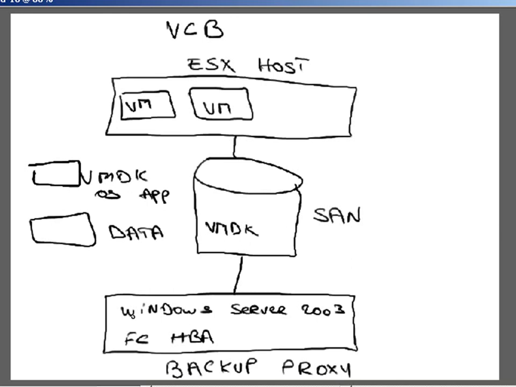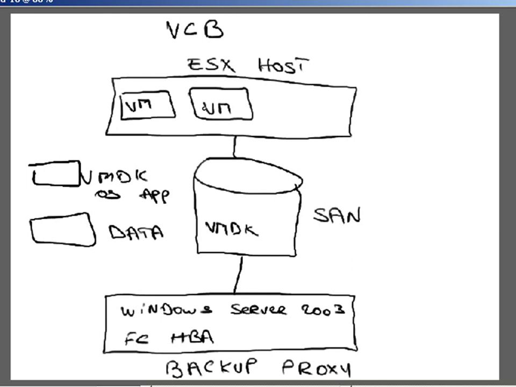So the backup proxy server will have the VCB, the VMware Consolidated Backup software, loaded on it. This should be a physical box, by the way, with Windows Server 2003, and a fiber channel HBA, obviously, in order to connect to the SAN. It would have the VCB software loaded on it, and it would access the VMDKs directly from the SAN LUNs.